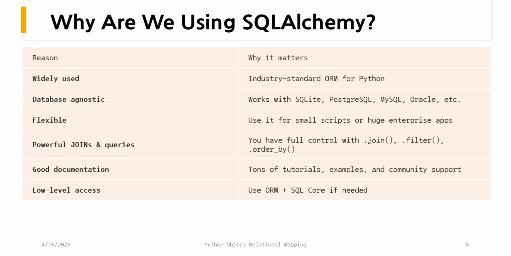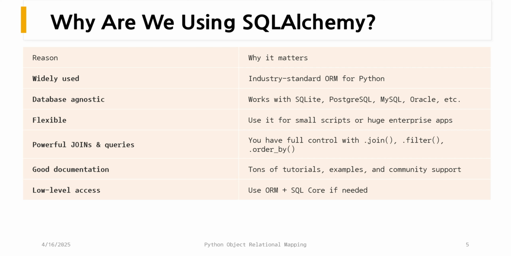Third, it's flexible. Whether you're building a quick script for school or a massive application for work, SQLAlchemy scales with you. Next, it gives you powerful control over queries. You can chain together methods like join, filter, or order_by to build very specific and efficient database queries.